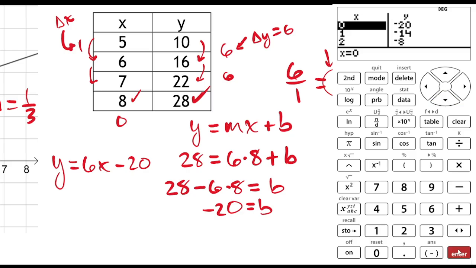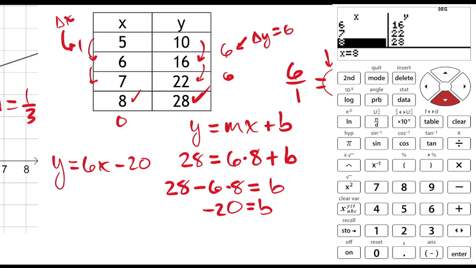And I can see, first of all, lovely. Notice when x is 0, I do have a y-intercept at negative 20. That's great. If I go down to the number 5, when x is 5, I should see 10, then 16, 22, and 28.